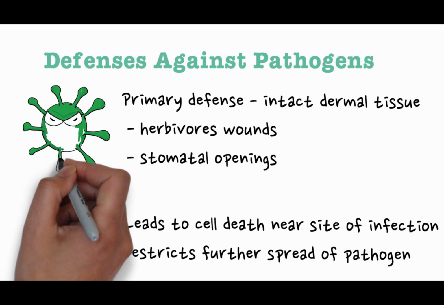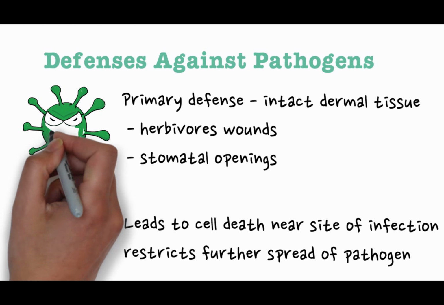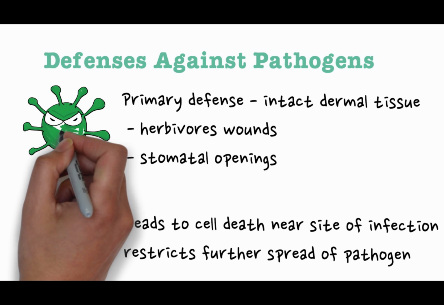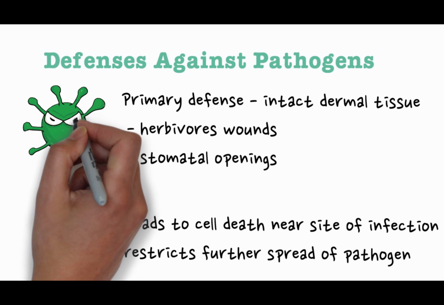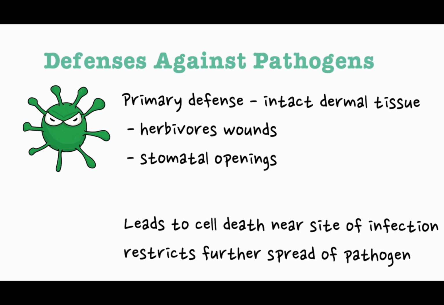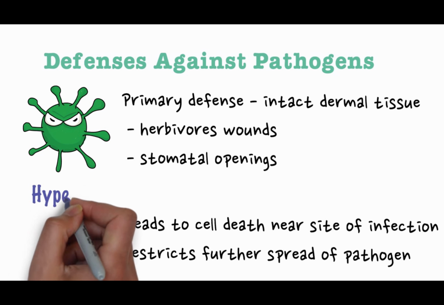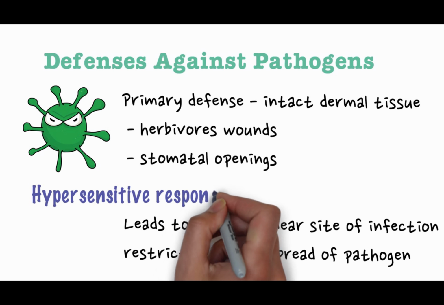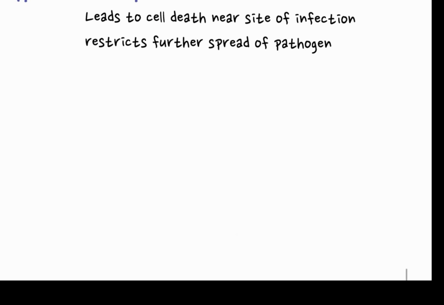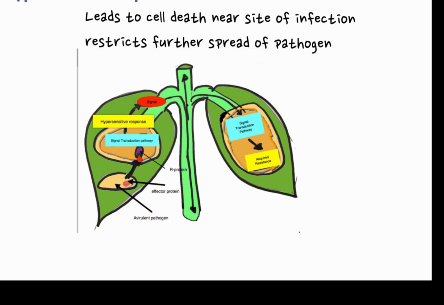Gene-for-gene recognition is a form of plant disease resistance where the pathogen is recognized by resistance proteins, coded for by DNA. If a plant does not have the appropriate R protein, the plant could become infected by the pathogen. Yet plants that do have the R protein can then trigger a specific defense mechanism like the hypersensitive response. This response causes cell and tissue death near the site of the infection, effectively restricting its further spread.